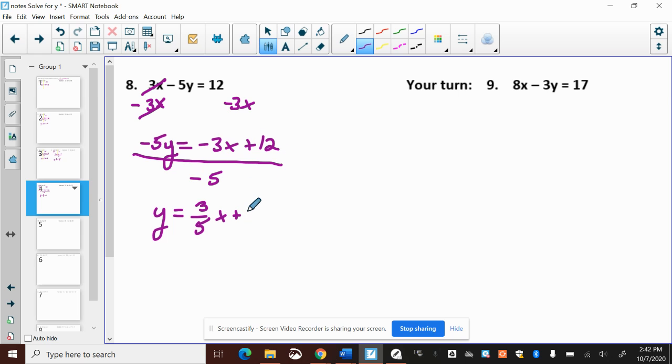A positive divided by a negative is a negative. I wrote a plus, so let's get rid of that plus. So that is definitely a negative. Again, that can't be divided or reduced, so we're just going to leave it as minus 12 over 5. All right, you try number 9.